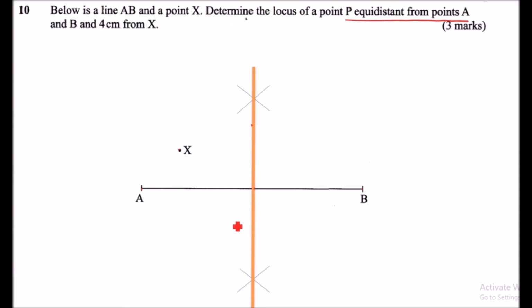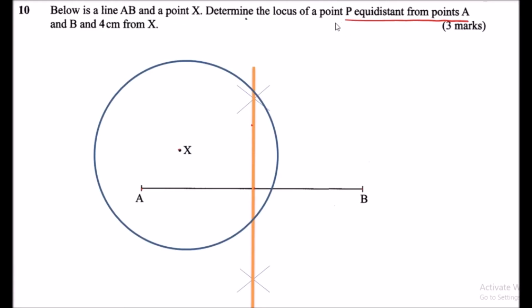From there, since we are told that the point P is 4 centimeters from X, we are going to use X as the center of the circle and draw a circle whose radius is 4 centimeters. So this is the circle that I have drawn, and since we are told to determine the locus, this is a point P. We can say that is point P1, and that is P2.